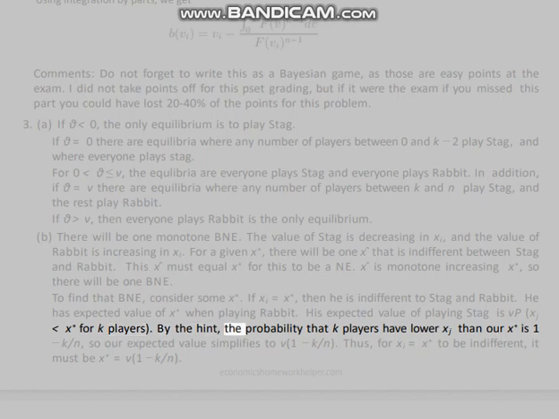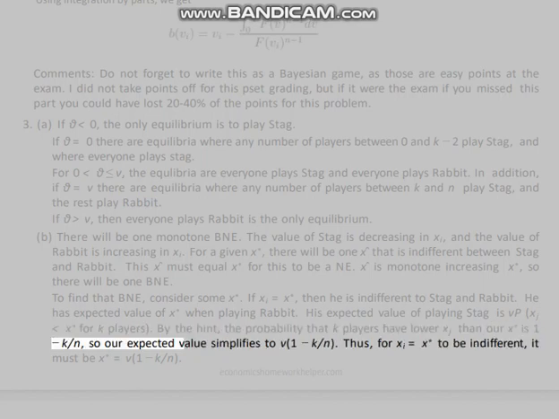By the hint, the probability that k players have lower x_j than our x** is 1 minus k/n, so our expected value simplifies to v(1 minus k/n). Thus, for x_i equals x** to be indifferent, it must be x** equals v(1 minus k/n).